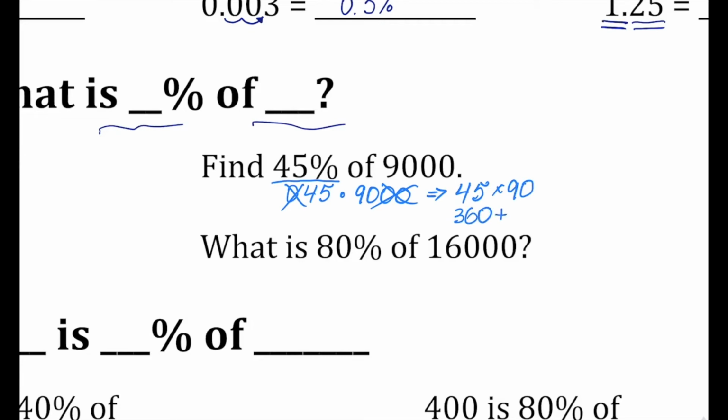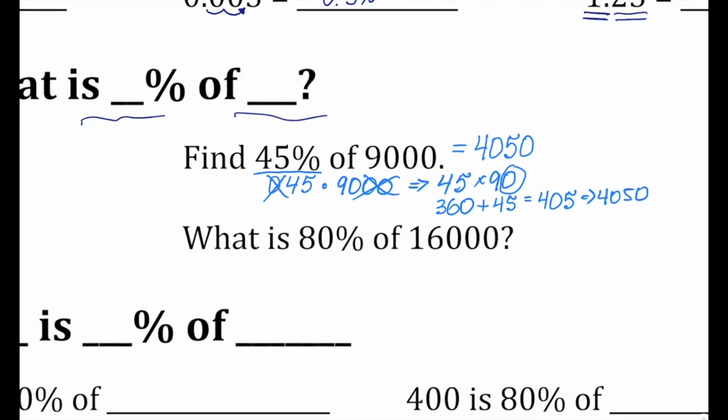Plus 5 times 9 is 45. So that will give me 405. But then I was multiplying by 90. So then that would lead me to 4,050. So 45% of 9,000 is 4,050.